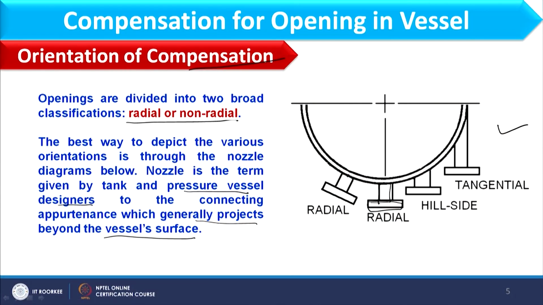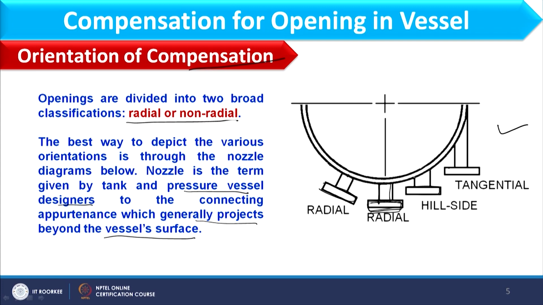As you can visualize from this diagram, here we have different types of nozzle. First, this is basically the radial type, and the non-radial type has two types: first is hillside and second is tangential.